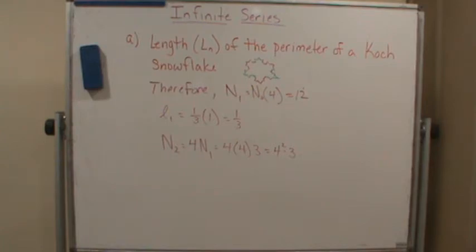Now, since the length of each of these sides is now 1/3 the length of the sides of F1, we can say the length of each side of figure F2 is given by this.